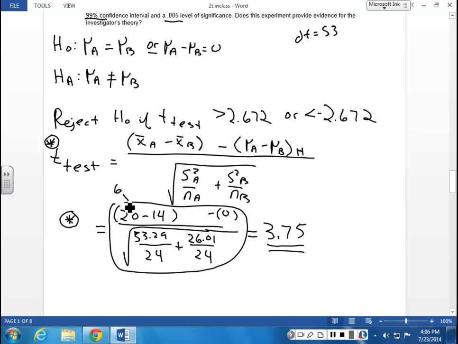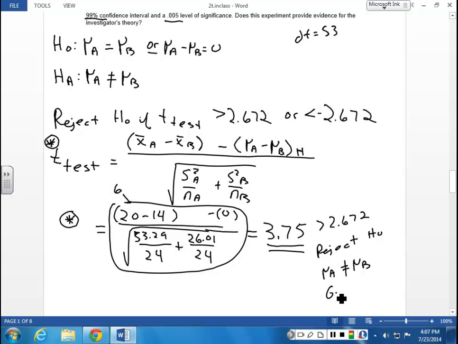Either way, that's greater than 2.672, so we reject H0 and conclude, as we did before, that mu A is not equal to mu B. The ginkgo is, we can't be confident, we can't be sure. Actually, I'm sorry, thinking back to the wrong problem.